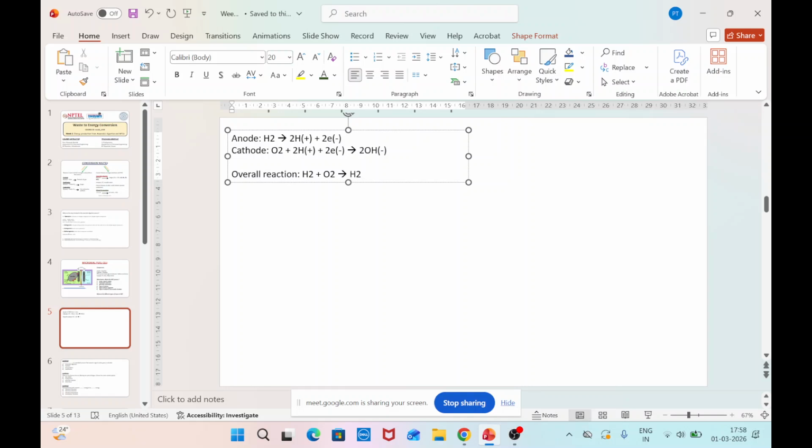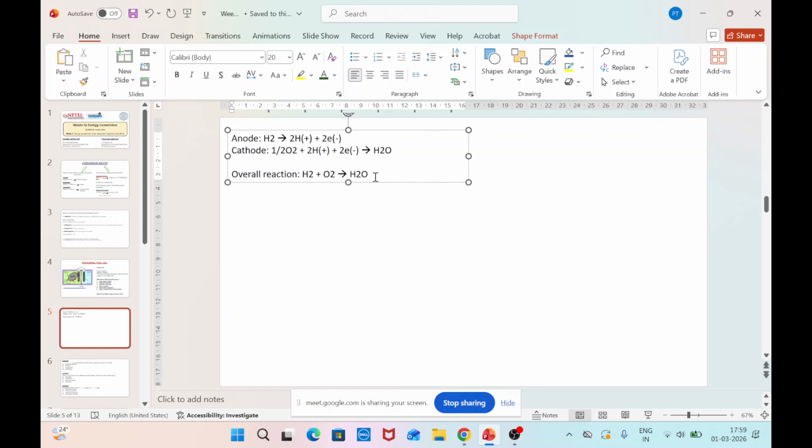I haven't balanced this, but I hope you guys can balance this. Instead of this, I'll write H2 also. This will be better and easier to understand.